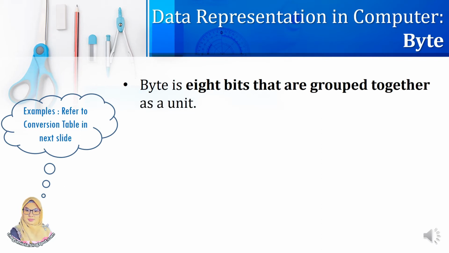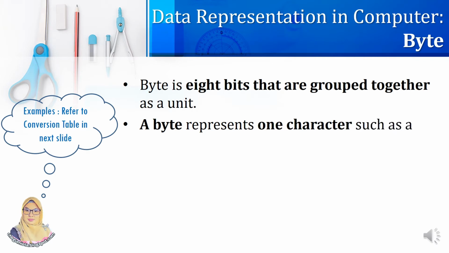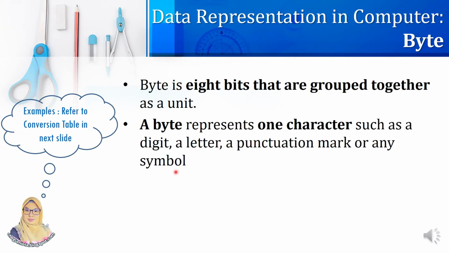Then besides bit, we use the term byte, which is 8 bits that are grouped together as a unit. A collection of 8 bits we call a byte. What is a byte? A byte represents one character such as a digit, a letter, a punctuation mark, or any symbol in computer.